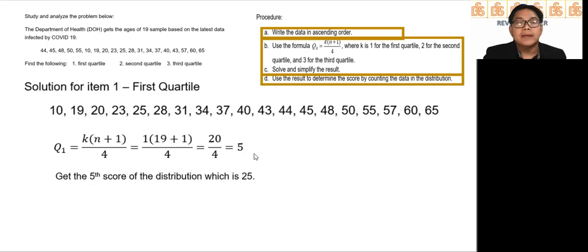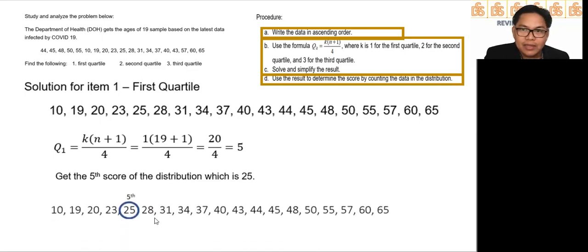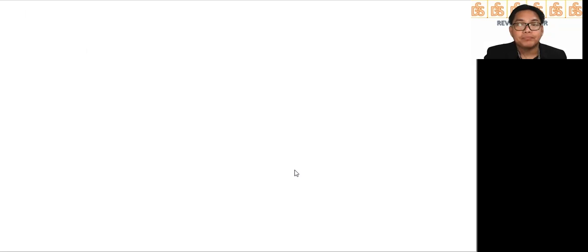As you notice, the fifth score is 25. That's the reason why we arrange the distribution into ascending order. So 25 is really the fifth score, and that is the first quartile of the distribution.